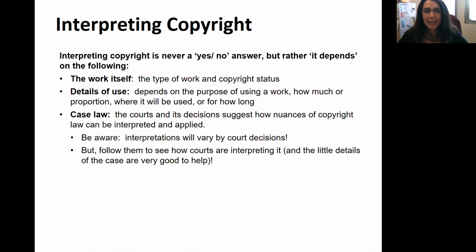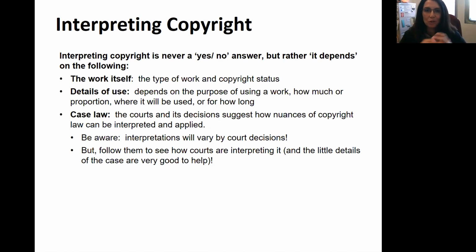Now, one thing I wanted to add about case law is to be aware, not beware, but just be aware. Read about the cases. Interpretations will vary by court decisions. Tom, I think, will talk about this quite a bit in his fair use presentation that we're going to have at the end of the month. But courts will decide differently on the outcomes of cases, and will have various ways that they make their decisions.